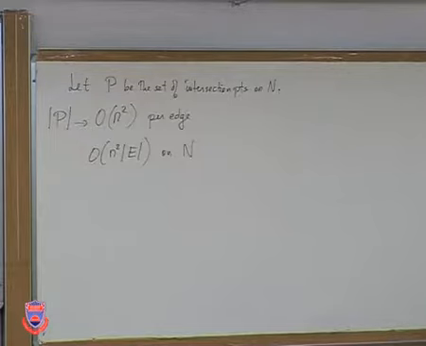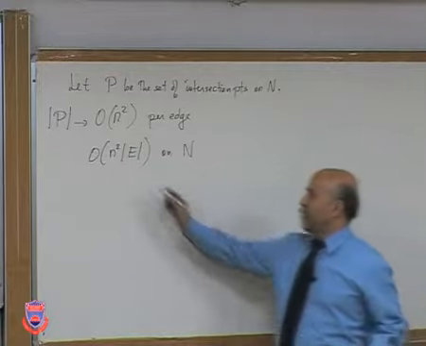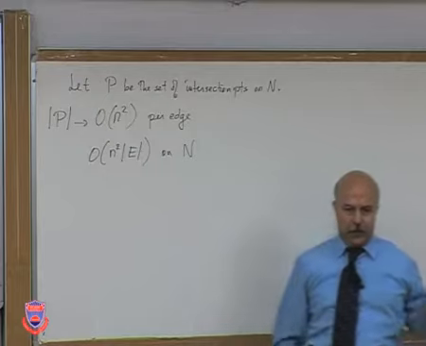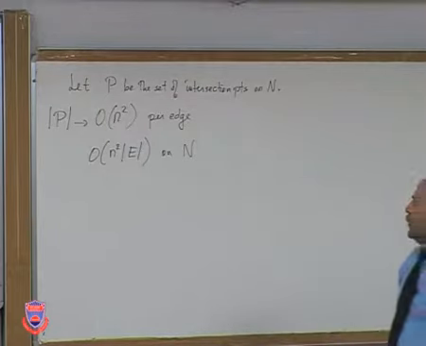What's the largest number of edges you can have in an undirected network? Order n squared, actually it's n times n minus 1 over 2, but that's n squared. So this can go up to n to the fourth in general, okay? All right.